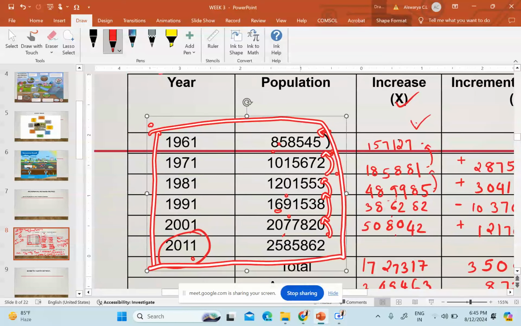They have calculated the numbers and given them. The future years we don't know. 2021 and 2031 we don't know and we haven't taken the survey, so that is our prediction. When we use these values for the calculation, you should take the values of population which are already surveyed.